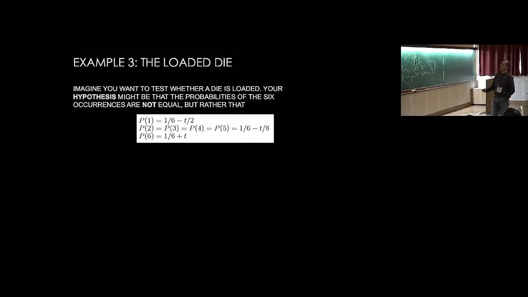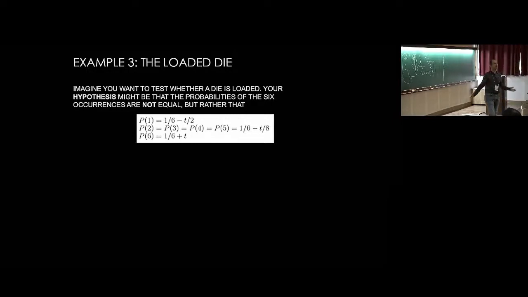So let's take a model for how a loaded die could have probabilities. And let's say that the probability of 6 gets boosted by some number, t. It is slightly larger than 1/6. And since the 6 is on the opposite side of the 1 in your cube, the 1 will get damped down by a little bit, but not by the same amount, because also the other sides get damped down by a small factor.